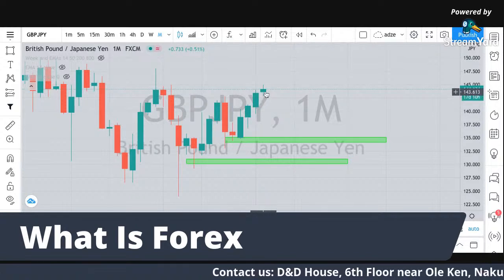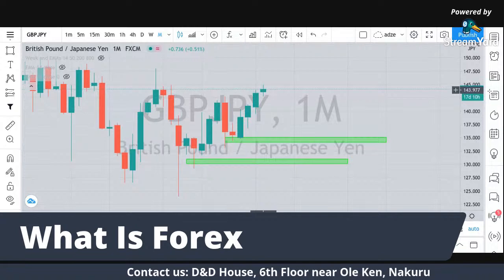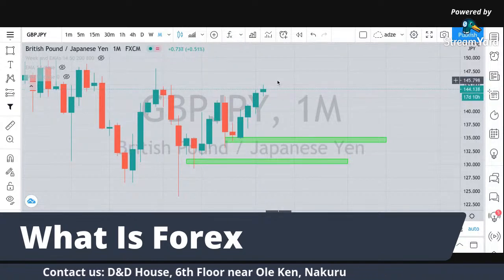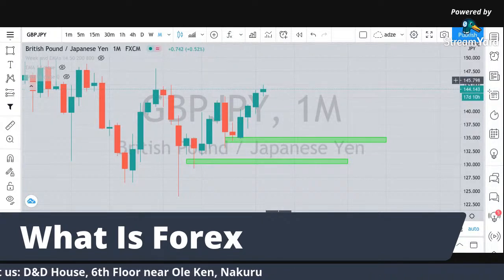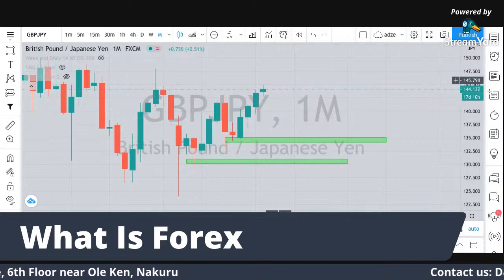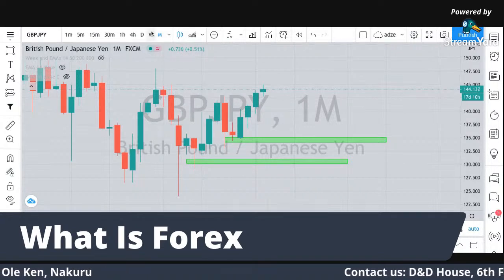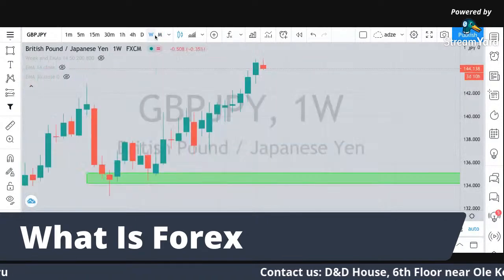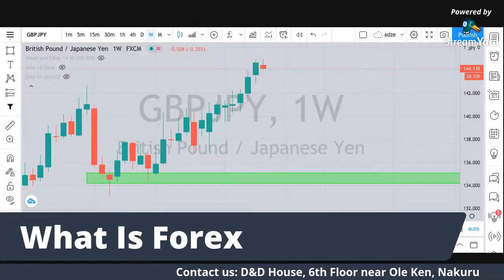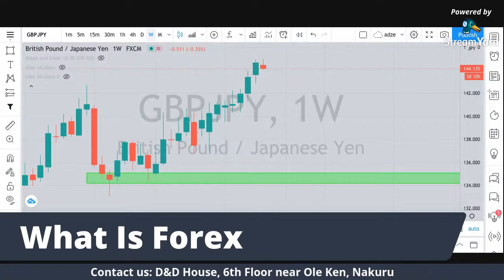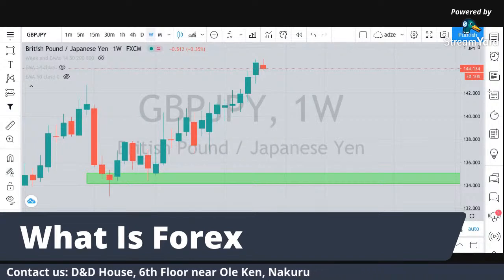Right now, price even created a higher low, and right now it is at a higher high. Now, since price is moving in a staircase, we go down to the weekly to see if price is in bullish momentum or doing a pullback.